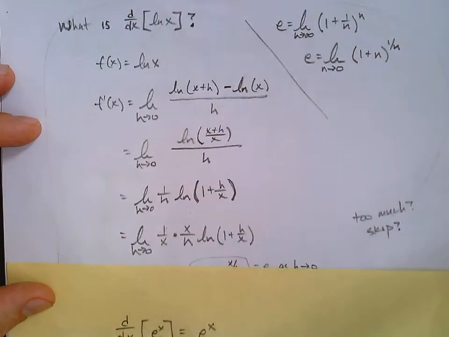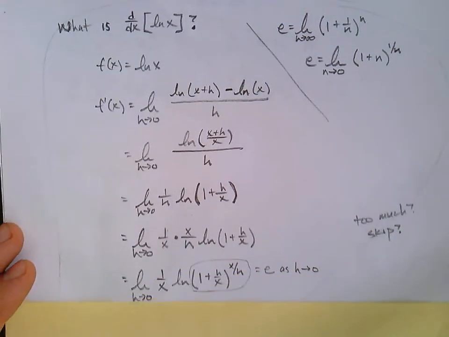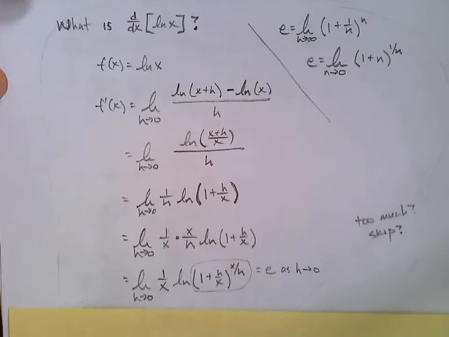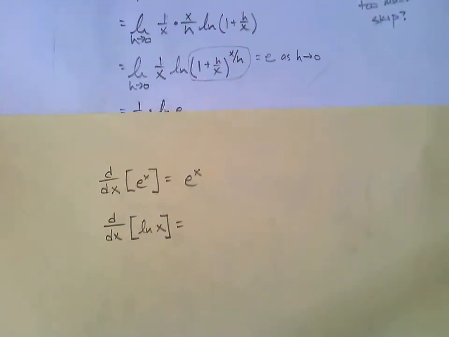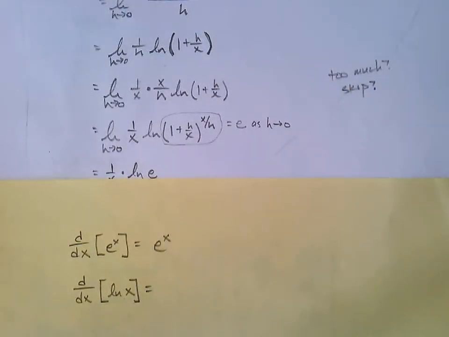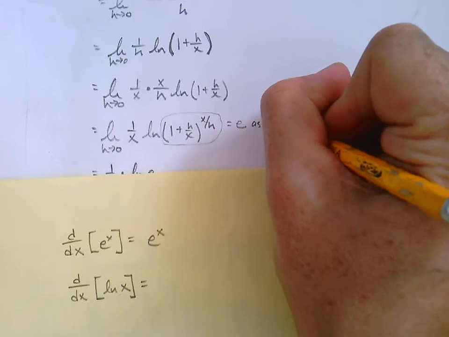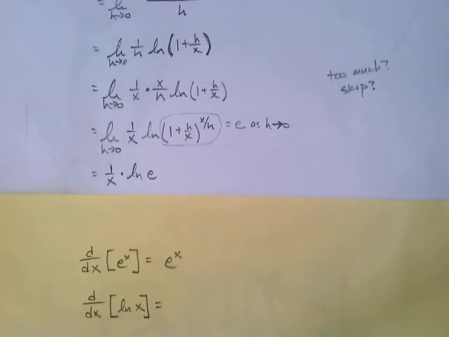Of course I'm not going to read through all this, but you can see we're working with the log, and we've got some fractions in there. Eventually, I have this note to myself: is this too much to present? Is this really beneficial for students? Some I think it is beneficial, but for others it just leads to more confusion than if I had just told you. So that's what I'm going to do here.